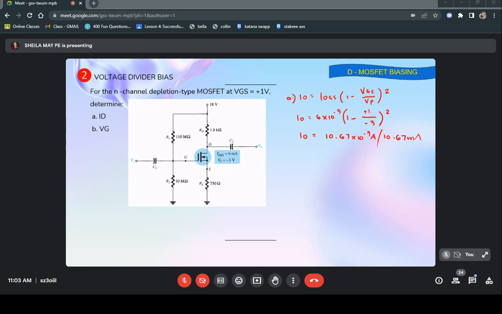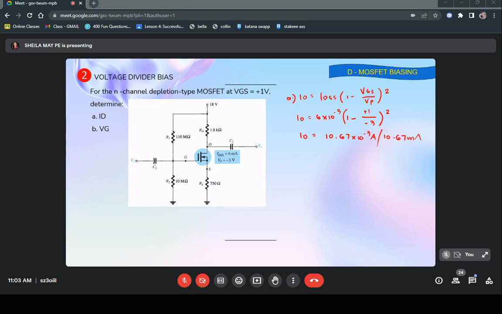Okay? To solve, we have ID is equals to K times VGS minus VGS TH, squared.